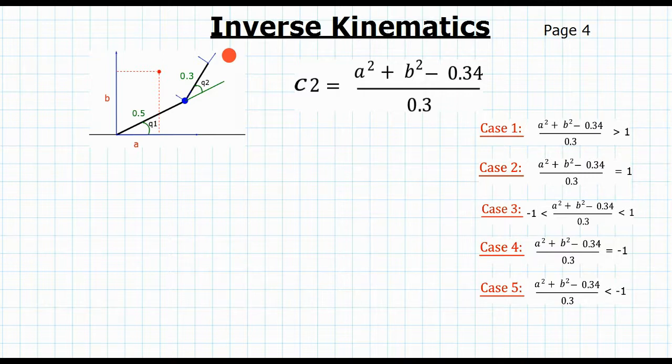The point that we are asking for is too far away from the origin, and the robot simply cannot reach it. Okay, what about case 2? If this whole thing is exactly equal to 1.